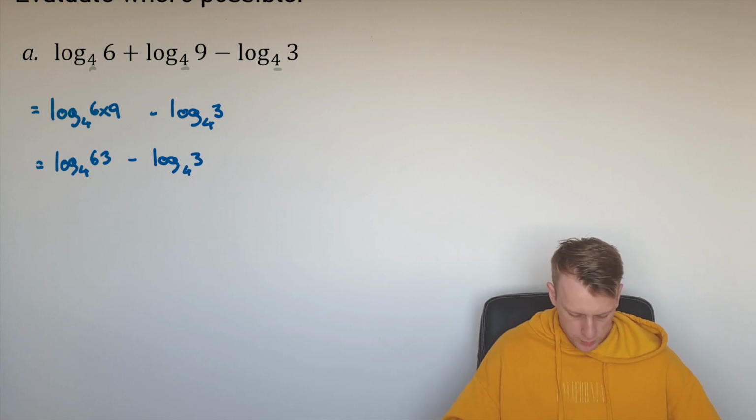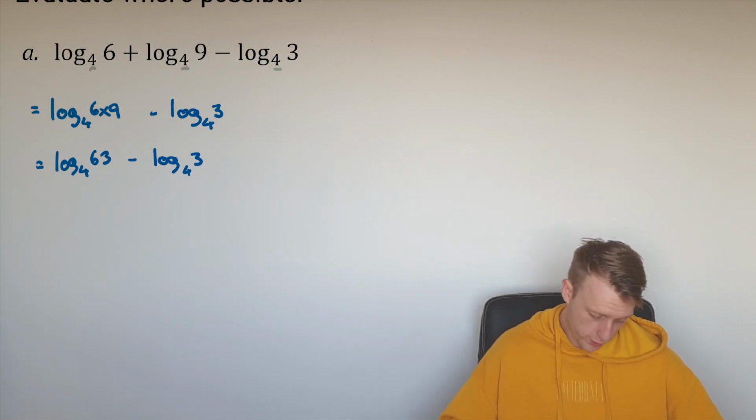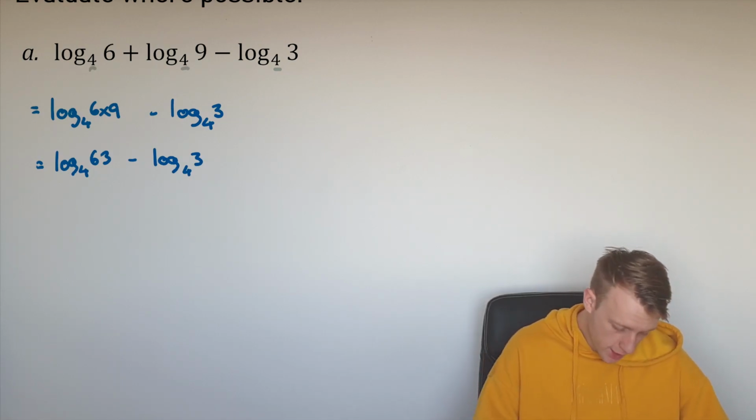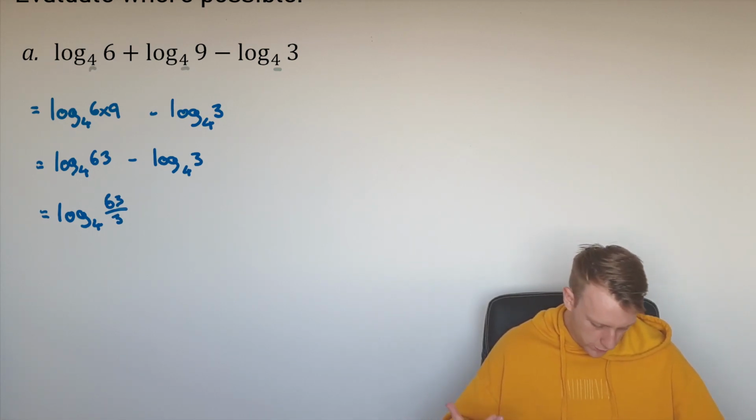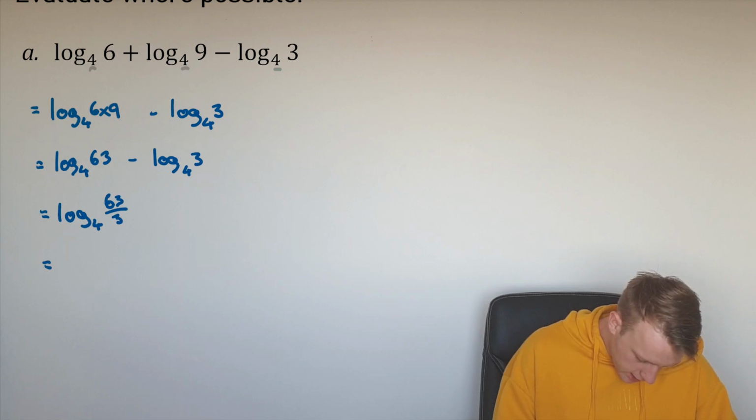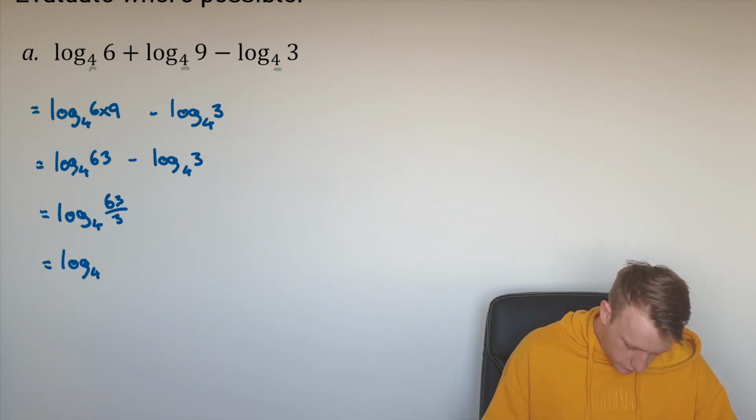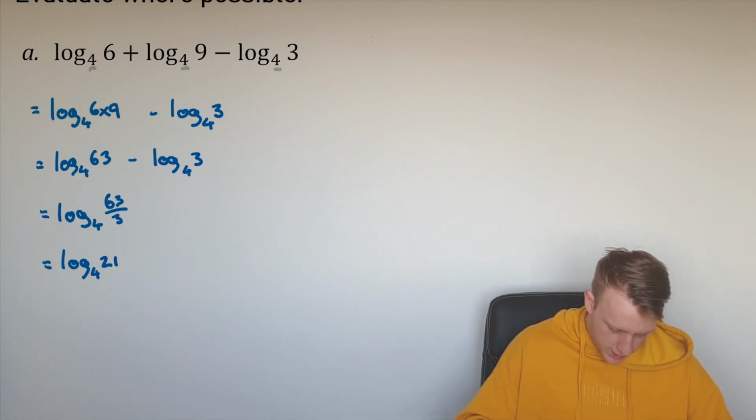When we evaluate that, we've got log base 4 of 54, subtract log base 4 of 3. We go ahead and apply the second log law, which tells us that we need to do division because we've got the subtraction of the two logs, and that gives us log base 4 of 21.